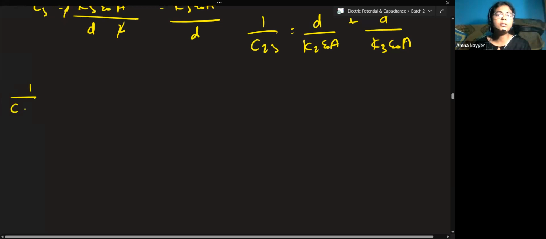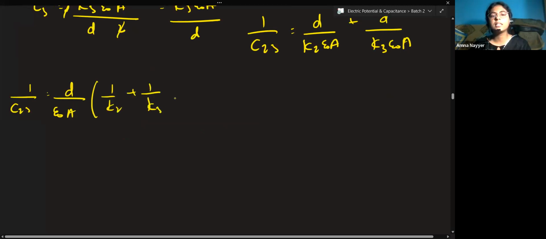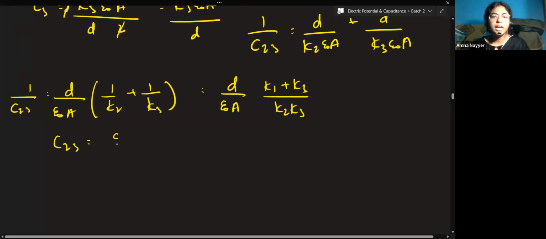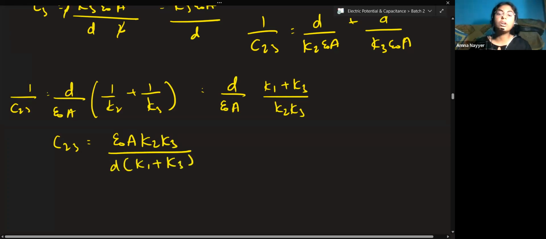So here it will be left 1 by K2 plus 1 by K3. If you take the LCM, this becomes D by epsilon naught A times K2 plus K3 by K2 K3. So C23 is epsilon naught A, K2, K3, by D, K2 plus K3. Now this is not your complete answer.